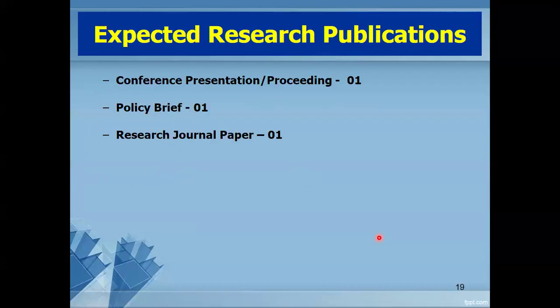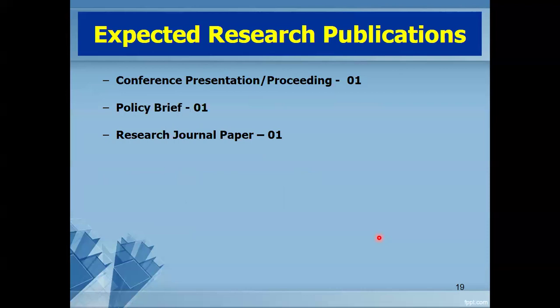And then the expected research publication. This one is also important to get some extra attention from the panel. Why? Because you are presenting this research proposal to compile an academic research, maybe for your undergraduate or maybe for your postgraduate, right?